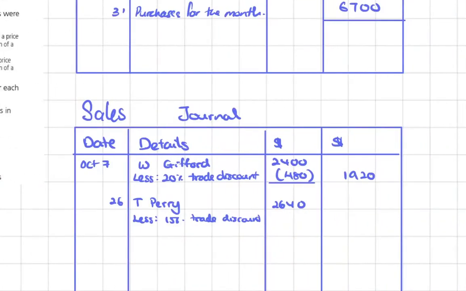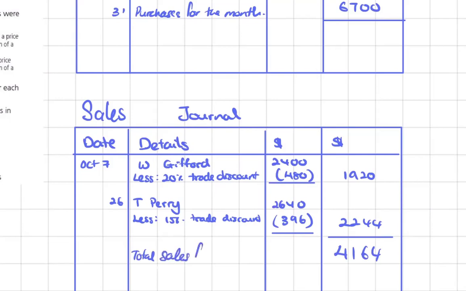So this is the multiply, 396. So remember the bracket is actually a subtraction. So 2,640 minus 396, you get 2,244, and we have to total them up. 4,164. So sales for the month.